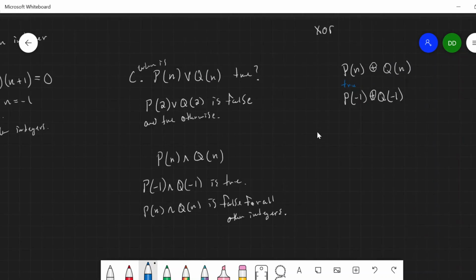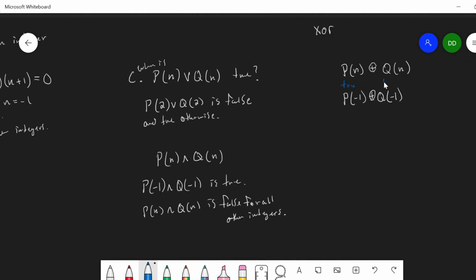Q of -1 was also true. So both of them are true here. That's why the conjunction was true. And so this is false. This isn't a super easy problem to figure out, when this XOR statement is going to be true. So let's see.